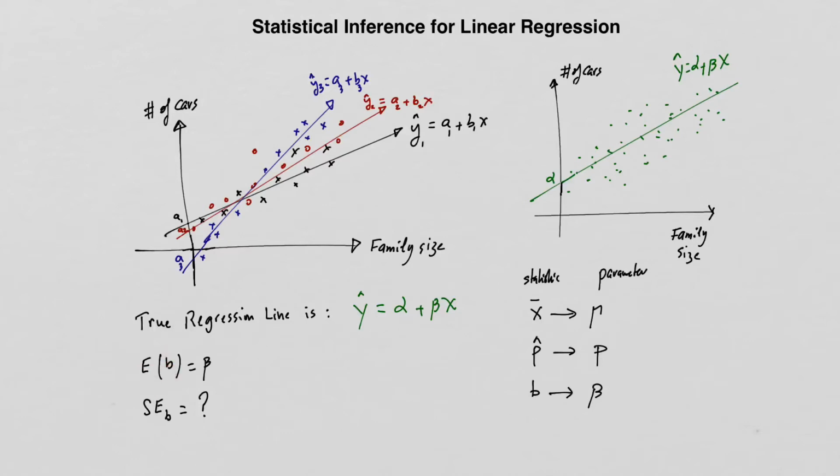In other words, a little b happens to be an unbiased estimator of beta, because the mathematics shows me that the expected value of b is beta, just like the expected value of X bar was mu and the expected value of P hat was P.